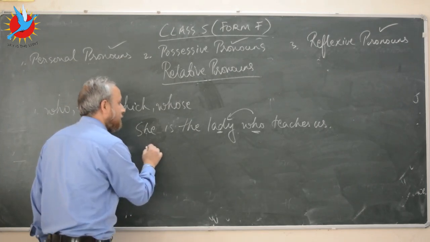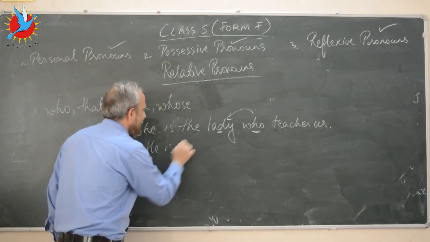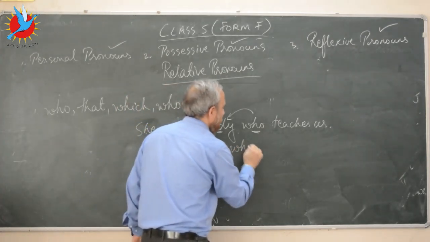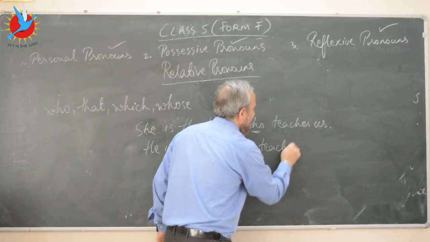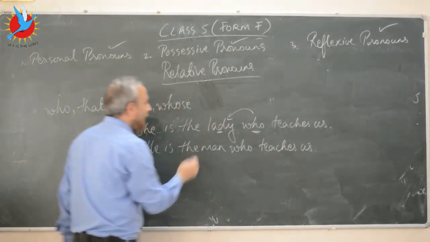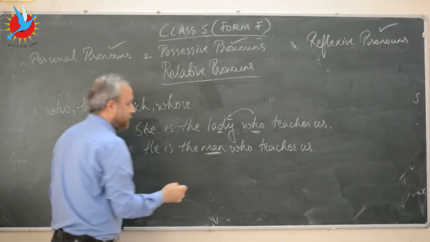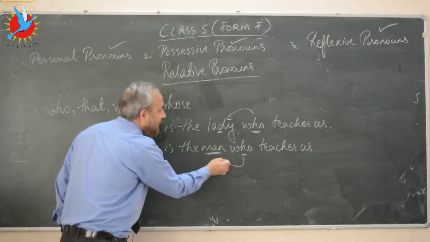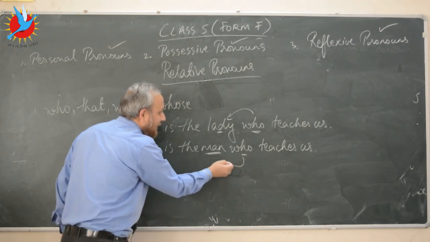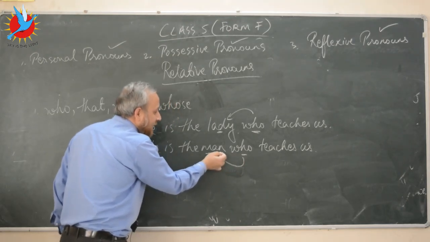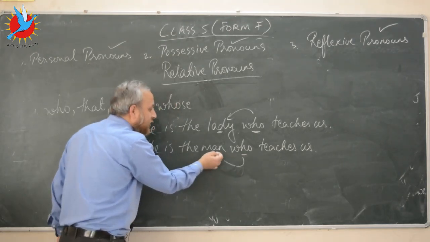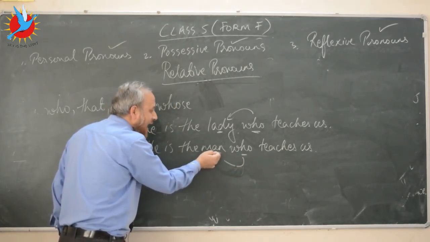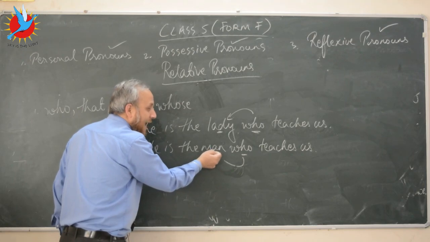Let's say he is the man who teaches us. Here I've used the relative pronoun who. What is the antecedent of the relative pronoun here? The antecedent is man. Who is referring to the man, and the gender of man is masculine.